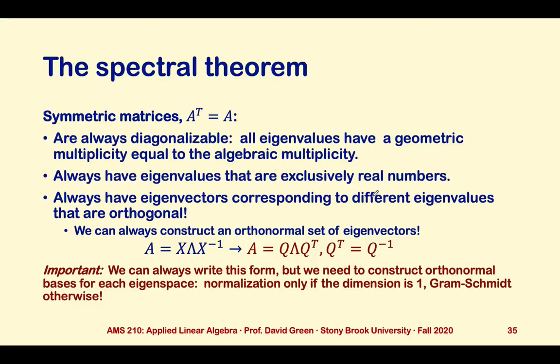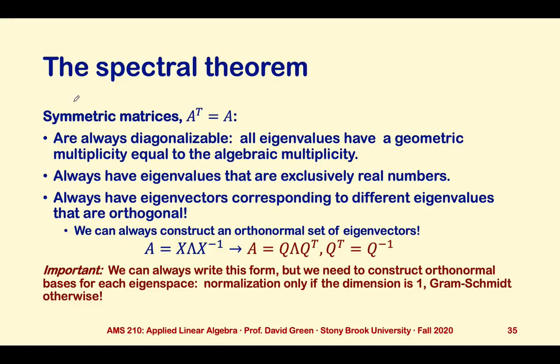I want to end our discussion here with one last really important result, something called the spectral theorem. We've seen that eigenvalue decompositions can be useful. They can speed up matrix powers. They can speed up the evaluation of the kinds of products that we see in dynamical systems and Markov chains.